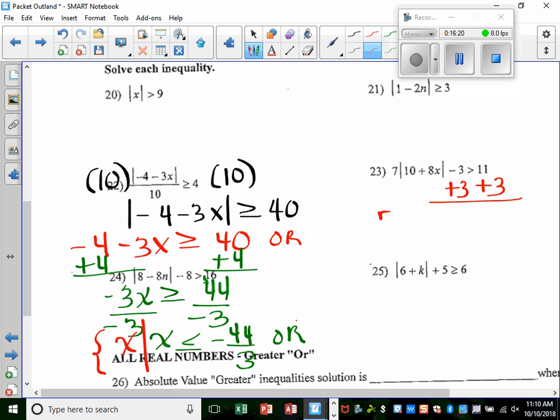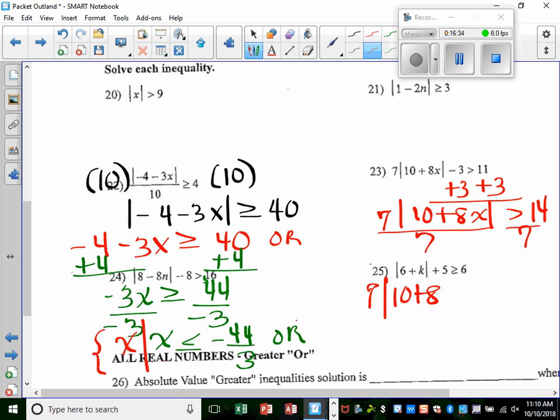So we're going to add 3, and so we'll have 7 times the absolute value of 10 plus 8x is greater than 14. Now we can divide by 7. So that will give us the absolute value of 10 plus 8x is greater than 2. I'll let you all finish that, and then we'll check to see what you got as your final answer.